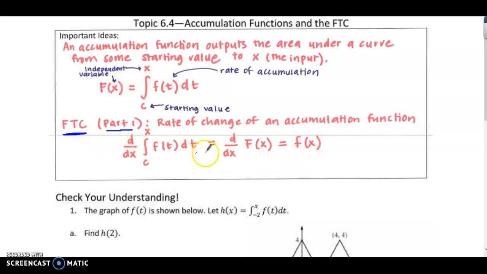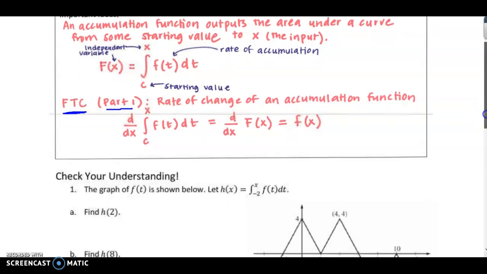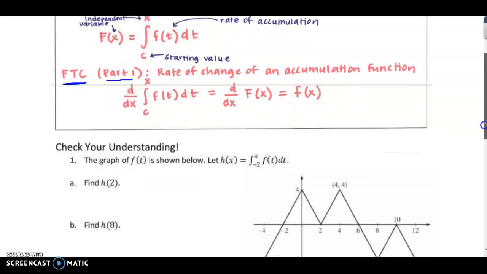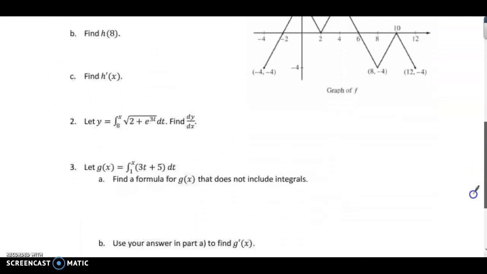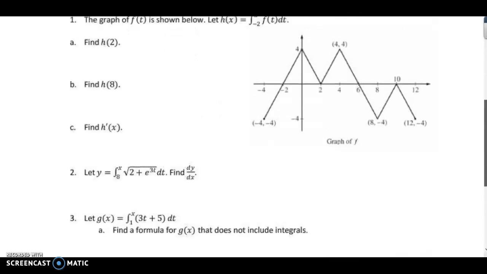This is a big, big deal, and we're going to talk more about this in class. But this is our fundamental theorem of calculus, part 1. And this really brings us to some properties of integrals in our next lesson. What I'd like you to do in class is work together to look at these notes and what I've recorded before, and then try to answer some of these questions down here. See where you get. I'll send out some solutions.